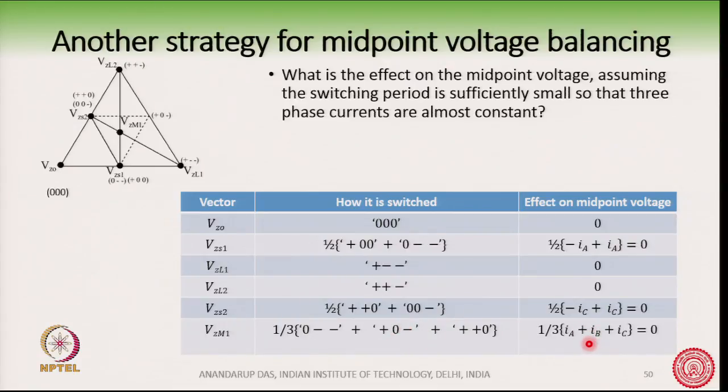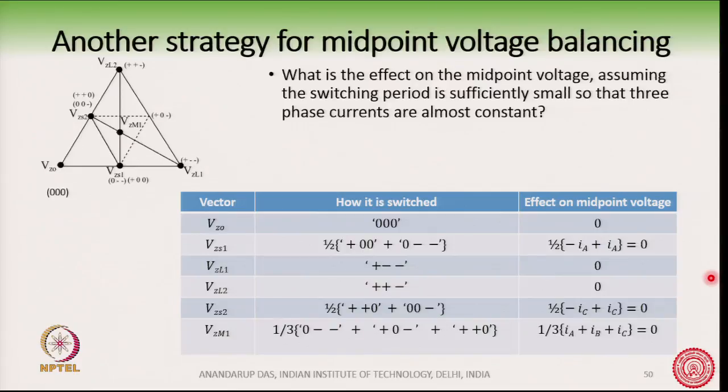IB. That was the problematic case. If you remember, IB was flowing out of the midpoint. And then with plus 0 0, what is the midpoint current? It is IC. So, if I apply VZM1 with this combination, the net current which we are taking out of the midpoint is again coming out to be 0, again assuming that the currents are sufficiently constant in a switching cycle.